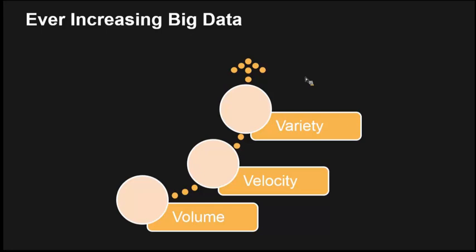The volume, velocity, and variety of big data is ever increasing. As a solutions architect, what I feel on a daily basis is customers are building systems that can deal with millions of requests per second, and I repeat, millions of requests per second, billions of events per day, and tens or hundreds of terabytes of data flowing in per day.